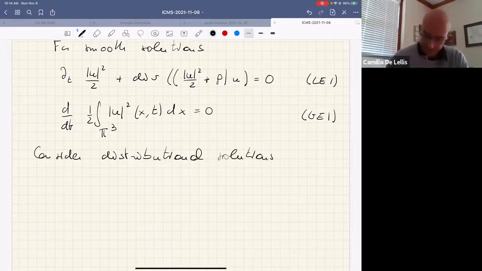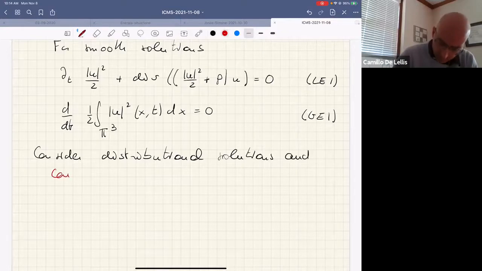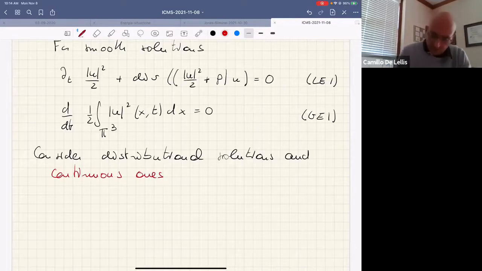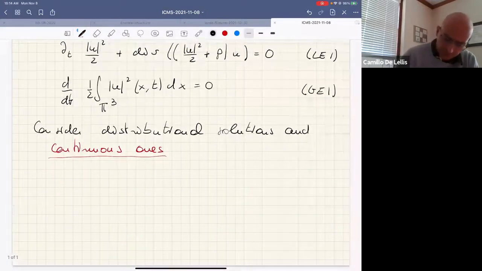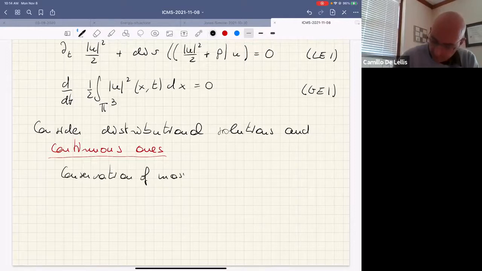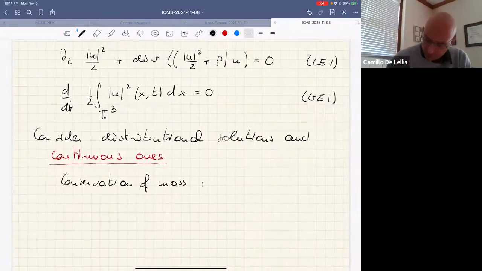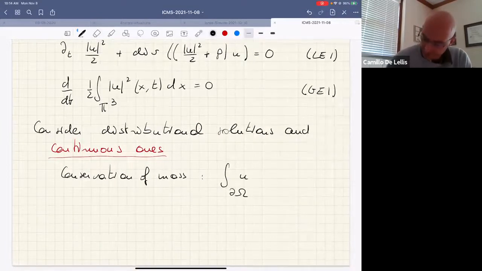Which are in fact continuous. And if you don't like the usual definition of distributional solutions, what happens in the case of continuous solutions is that, from the point of view of continuum physics, they satisfy conservation of mass, in the sense that the flow of fluid across the boundary of any fluid element is equal to 0.